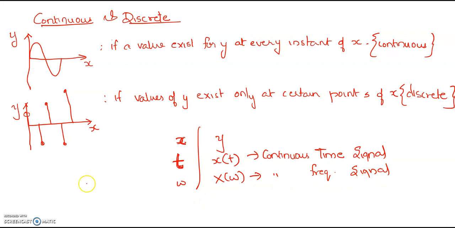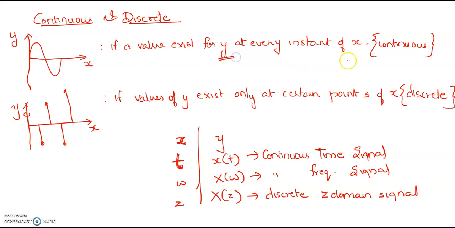And obviously you would have signals that are of discrete type also. Mostly in the z domain you would be representing it as x of z. That would basically be a discrete z domain signal. So that covers the explanation for continuous and discrete signals. I hope the concept is clear. My point was to convey the difference between a continuous signal and a discrete signal for a corresponding y as well as x.